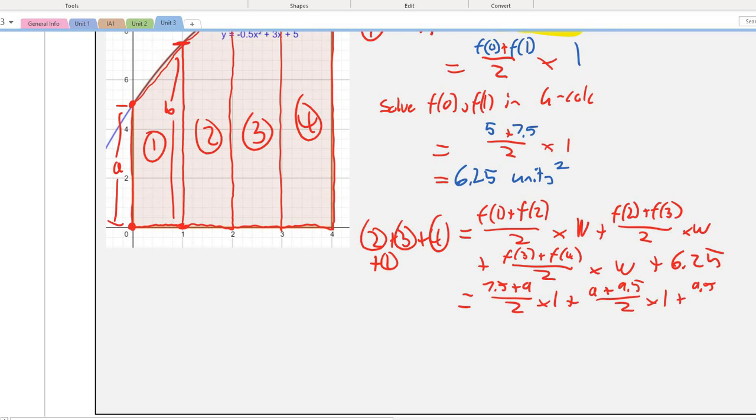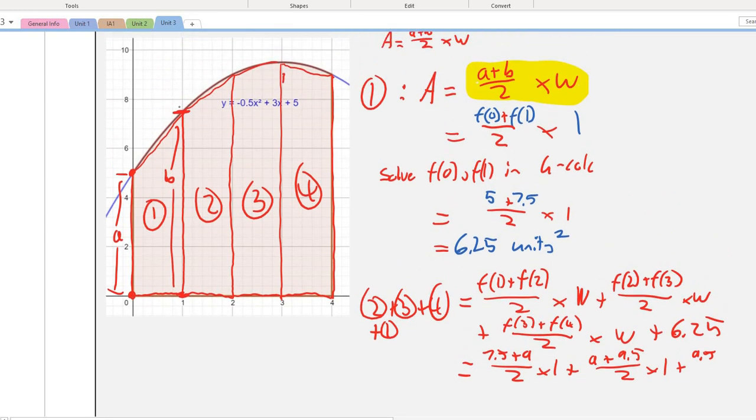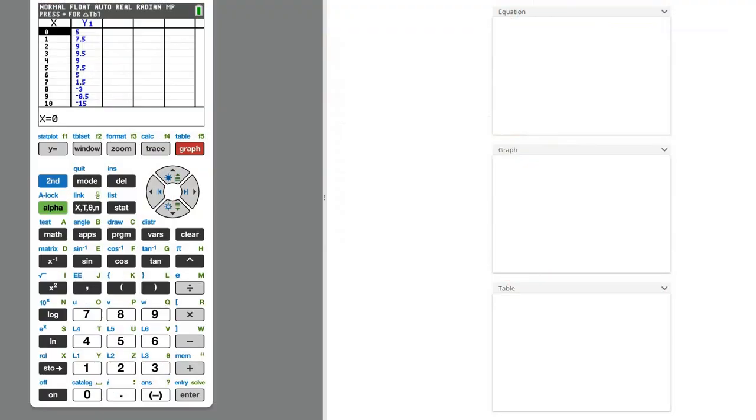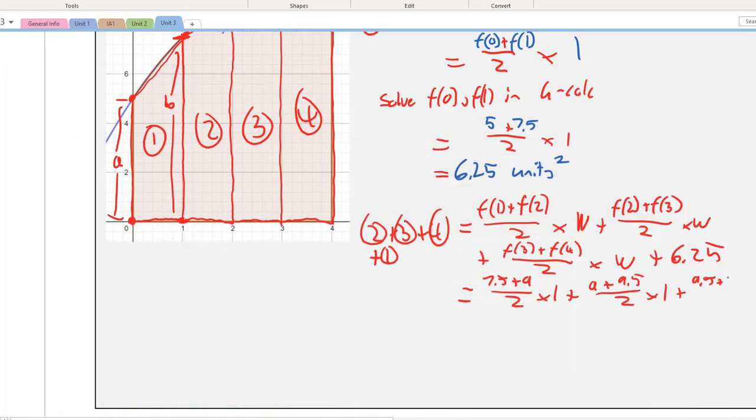Can you see that the two different trapeziums are sharing each point, right? So this point here is shared by trapezium 1 and 2, which is how I'm just saying straight away it's 9.5. And that's going to become important later on when we get our actual rule. So 9.5 plus 9 over 2 times 1, and then plus on trapezium 1, 6.25 as well.